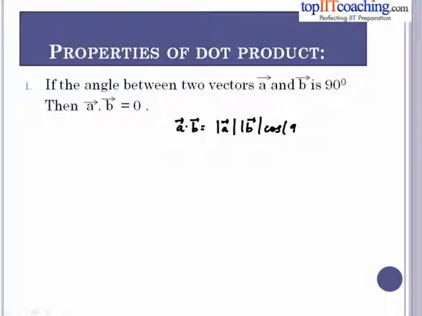In this case theta is equal to 90 degrees. We know that cos 90 is equal to 0 and hence this would be equal to 0. Thus if the angle between two vectors is 90 degrees, or if two vectors are perpendicular to each other, then the dot product of those two vectors is equal to 0.